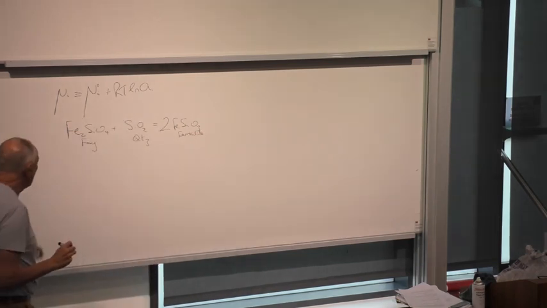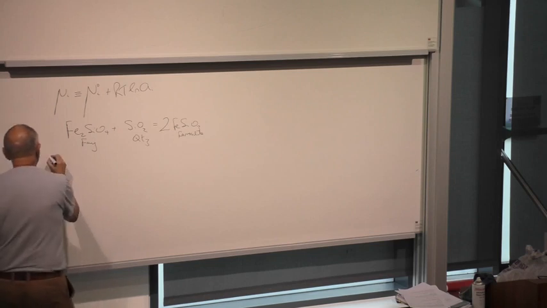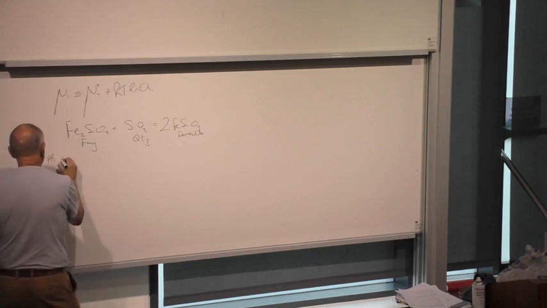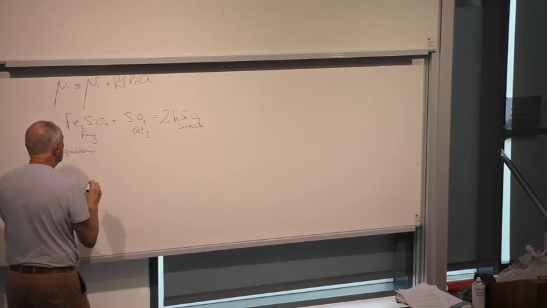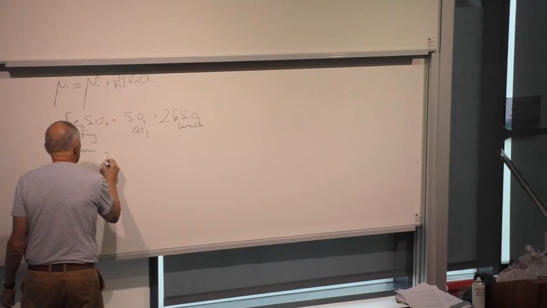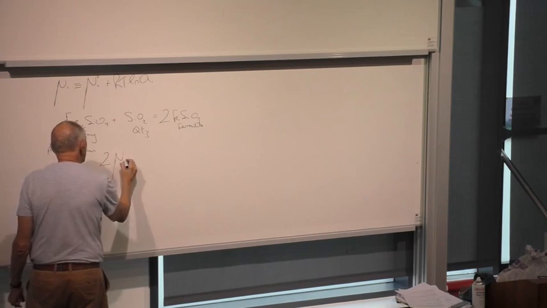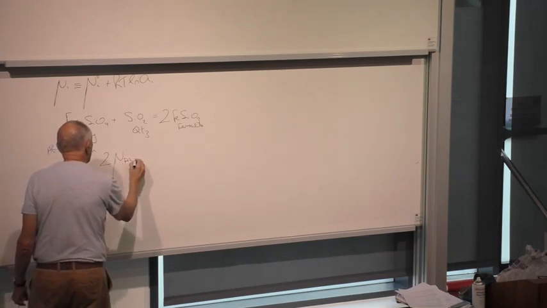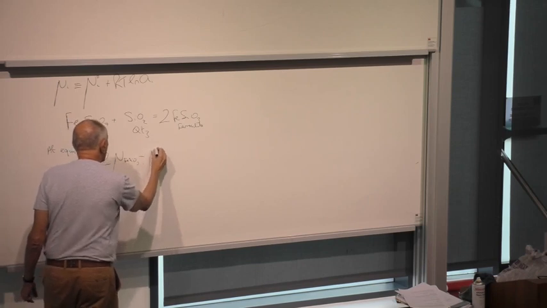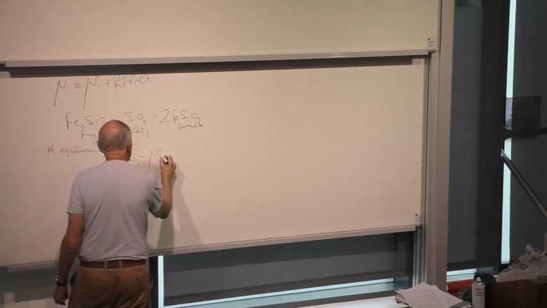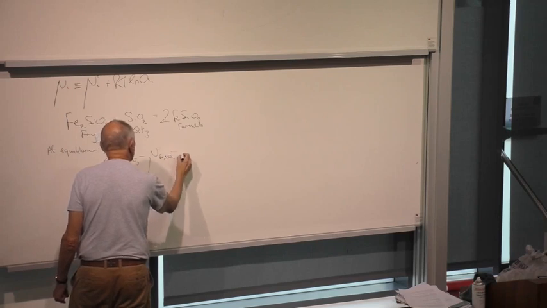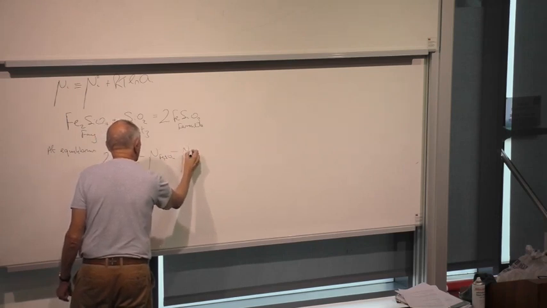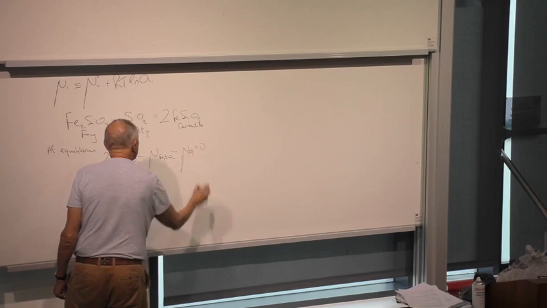And we know that at equilibrium, the chemical potentials of the products minus those of the reactants, mu of Fe2SiO4 minus mu of SiO2, equals 0.